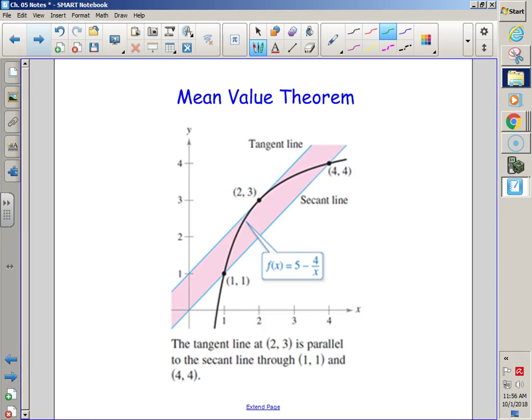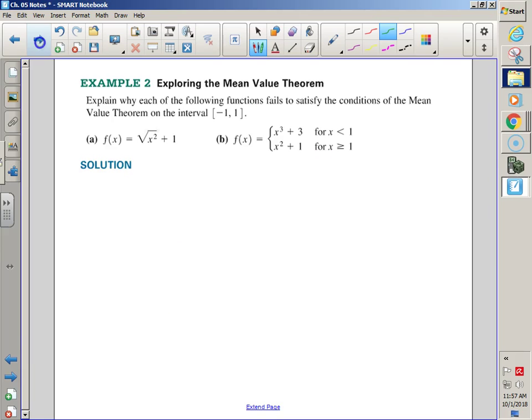It's in the forever card from last year, I think. Remember mean value theorem: you take the point a, f of a, b, f of b, and find the slope between. The slope is going to be mimicked at least once somewhere in between, because the tangent line is going to be parallel to the secant line at least one place, as long as it's only smooth turns, aka continuous and differentiable.